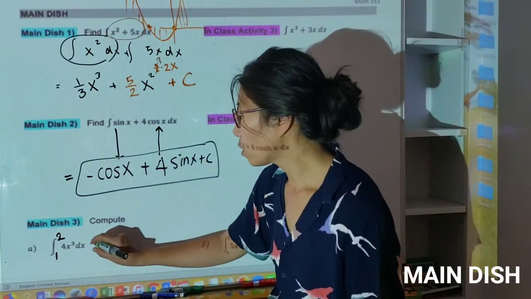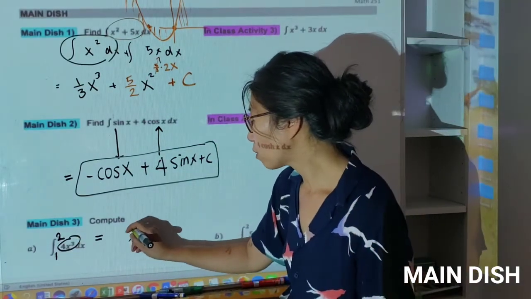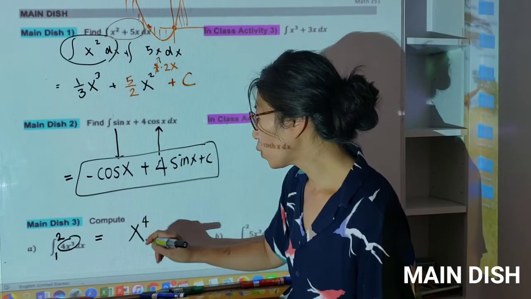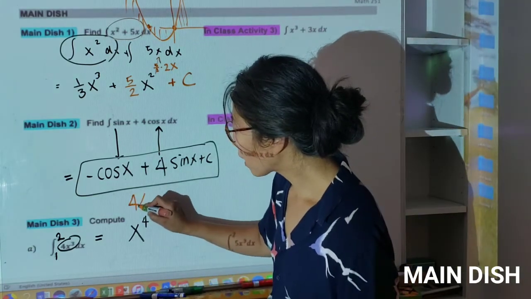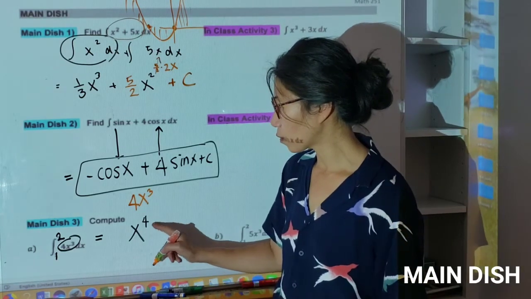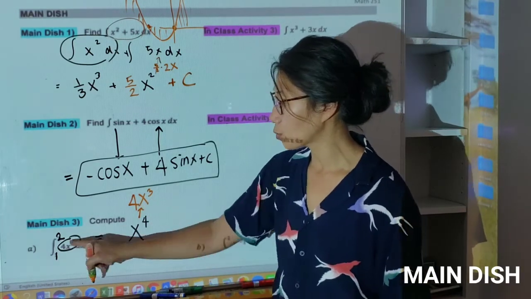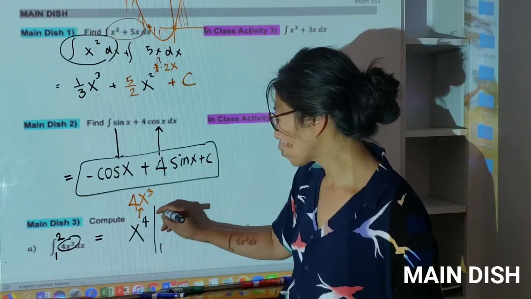So this one, let's take a derivative 4x cubed. So where does that come from? X to the 4th. Okay, I'm going to take a derivative. What do I get? 4x cubed. Oh, so I guess my answer is x to the 4th, because when I take the derivative, I get 4x cubed, right? So x to the 4th from 1 to 2.